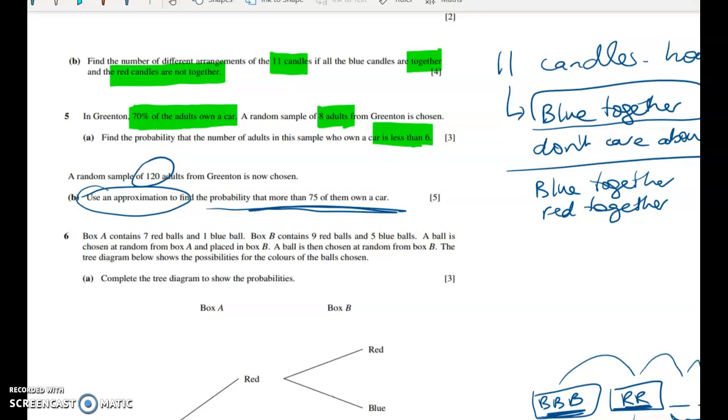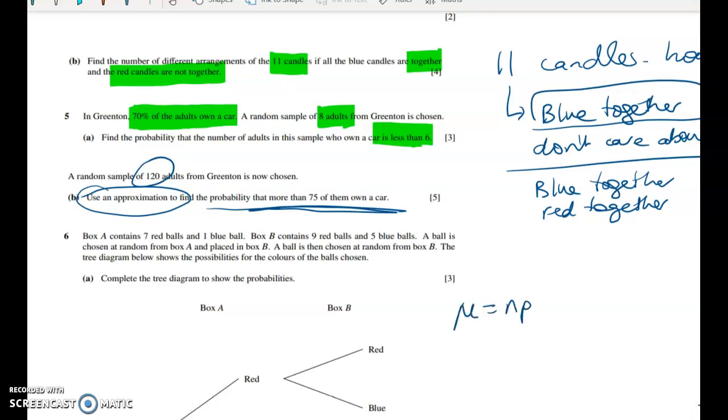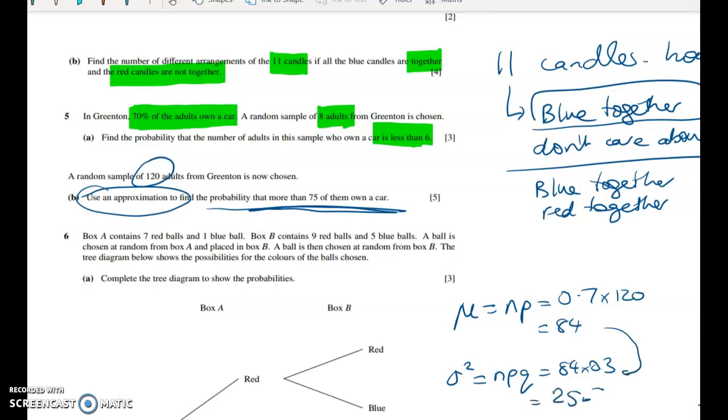So to do a normal distribution problem, we've got to have the mean and we've got to have the variance and the standard deviation. The mean, mu, will be np, which is 0.7 times 120, which gives us 84. And the variance is npq, which is 84 times 0.3 from up here, which gives me 25.2.